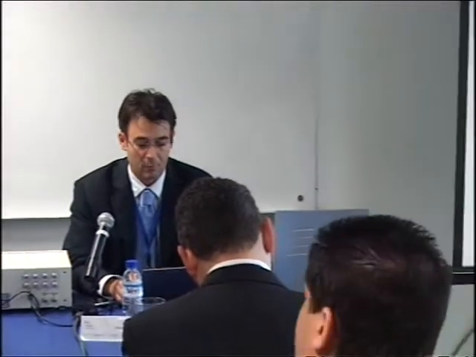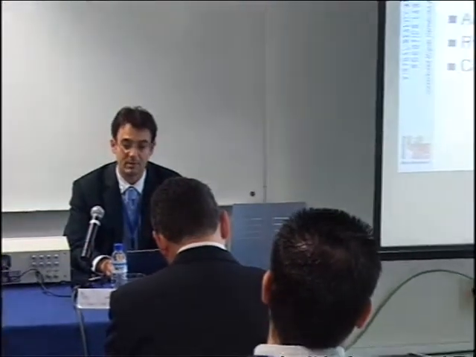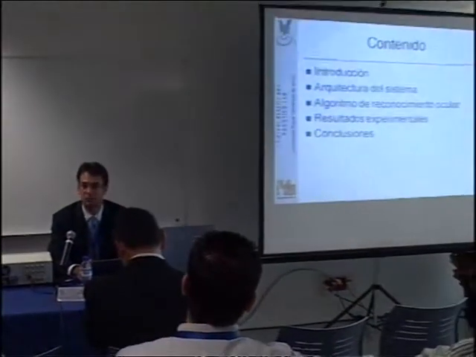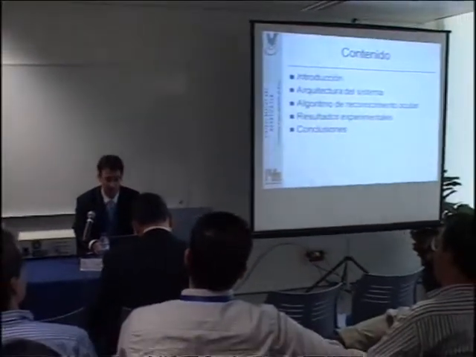First of all, I'll give you a general introduction, and I will be putting forth different systems that are based on this eye tracking methodology. Then I'll tell you about the architecture of our system and what are the characteristics that have to do with its hardware and software.